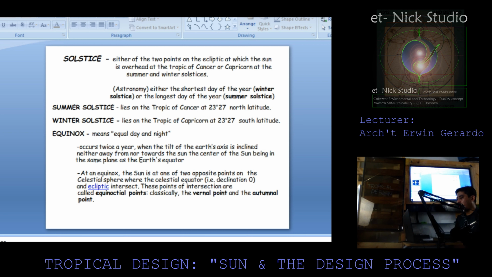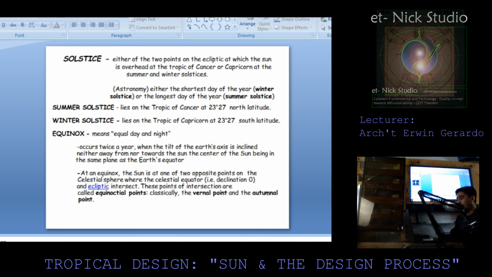Equinox means equal day and night. Occurs twice a year when the tilt of the Earth's axis is inclined neither away from nor towards the sun, the center of the sun being in the same plane as the Earth's equator.